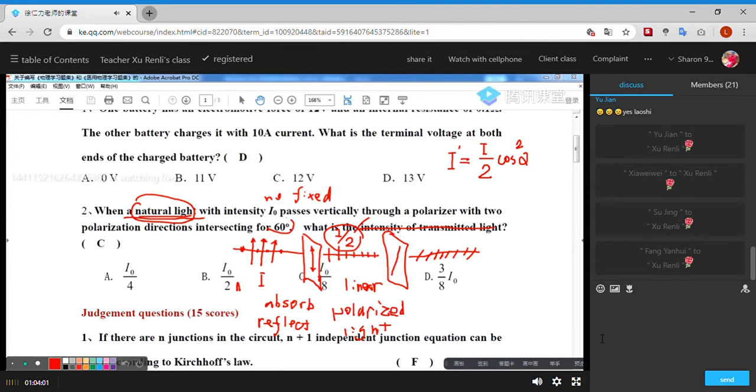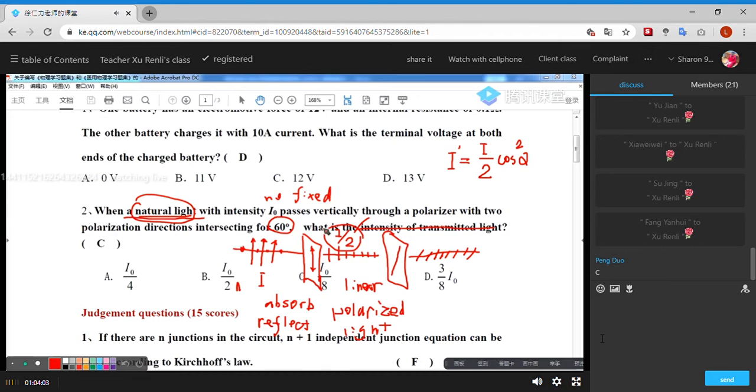Here alpha is 60 degrees, which means the polarization directions of these two polarizers have an angle of 60 degrees. Cosine 60 degrees is 1/2. 1/2 squared is 1/4.